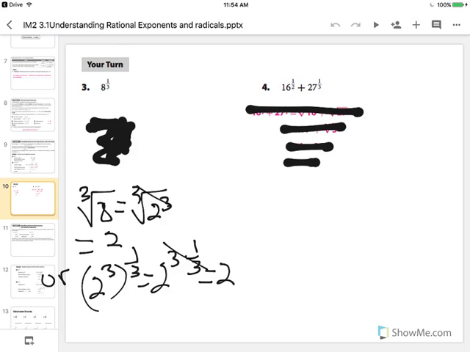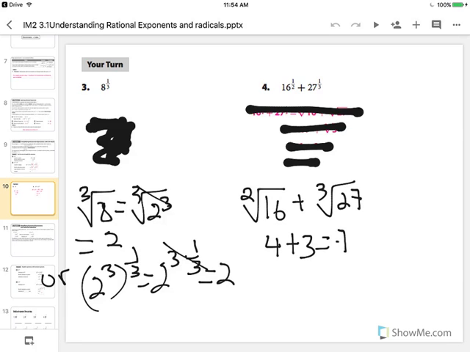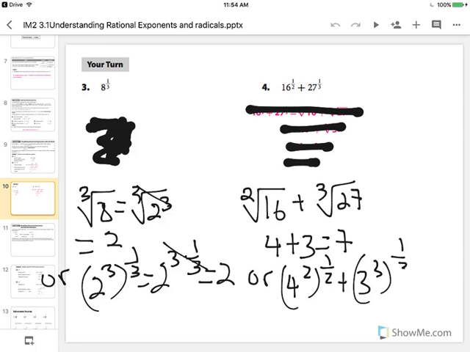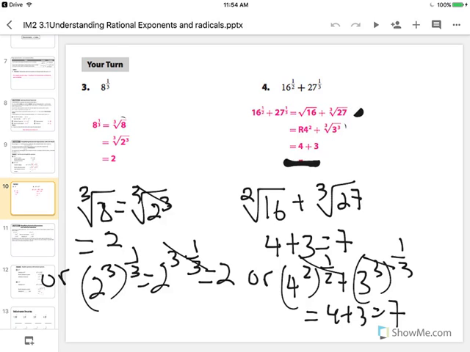Right, so let's try number 4. Okay, alright, so this is the answer from our book.